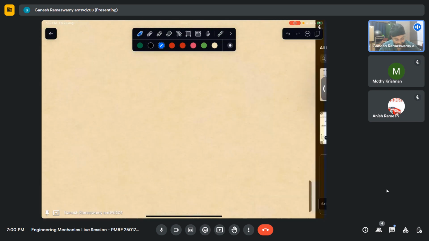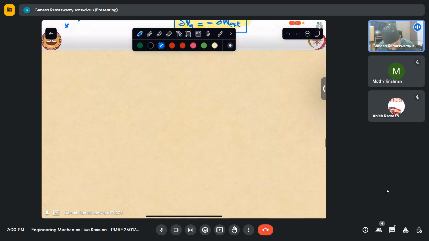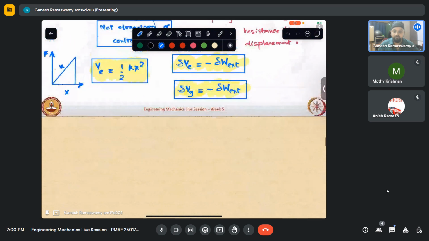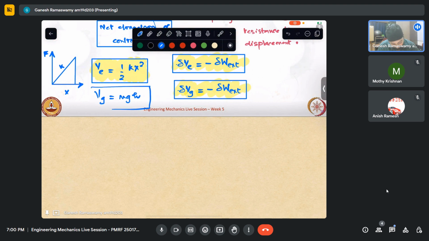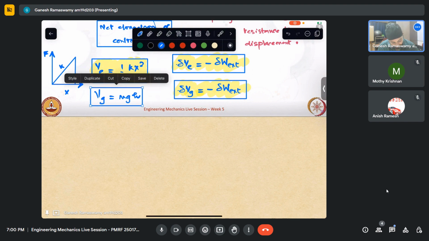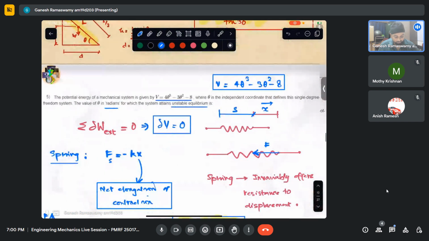Now the potential energy, we need not write half kx squared and mgh. Let me just write this also. This is our gravitational potential energy, as we have been seeing right from physics classes in high school. So what this says is, I need not analyze some system.